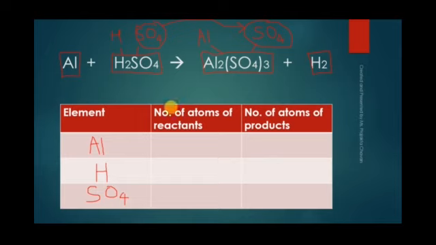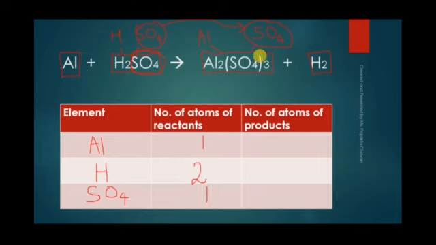Okay, let us proceed then. Number of atoms now for reactants, yes. Aluminium, yes. As you can see, no number, it is 1. Let us do this very quickly as you're already familiar with the concept. Okay, SO4 here now, students. Let me circle it for you all. There is no number here for SO4 and hence for reactants SO4 is 1.